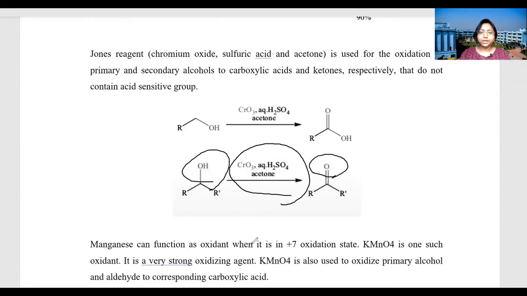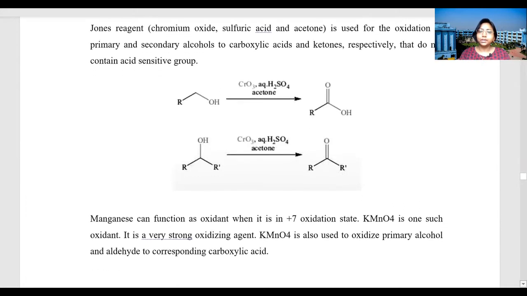Now, manganese can function as an oxidant when it is +7. You know that manganese has different oxidation states. When it is +7, that means in KMnO4. KMnO4 is +7, but MnO2 is +4.